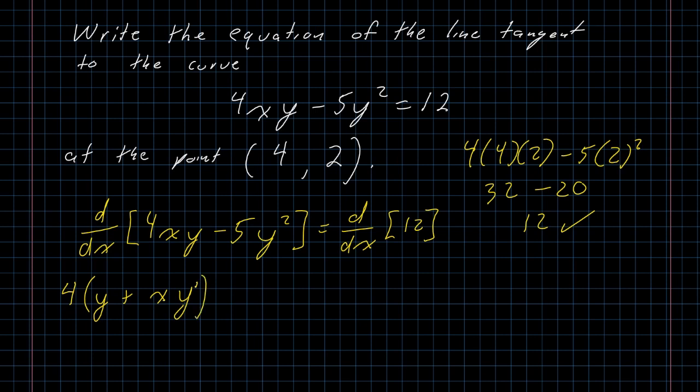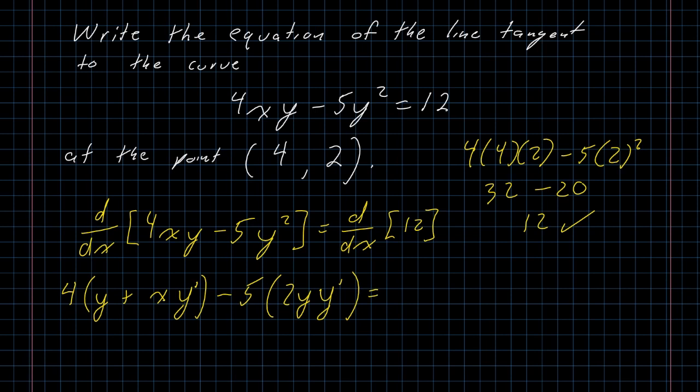Then my second term. I've got the minus 5 hanging out. Then I need the derivative of y squared. We saw this in the previous example. The derivative of y squared is 2y, but because we're assuming that y is a function of x, and we are differentiating with respect to x, we use the chain rule to multiply that by the derivative of y, which is y prime.